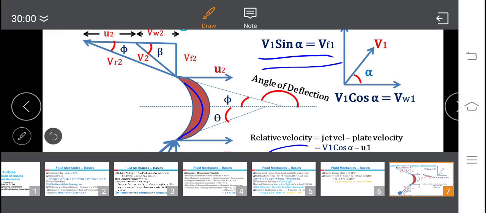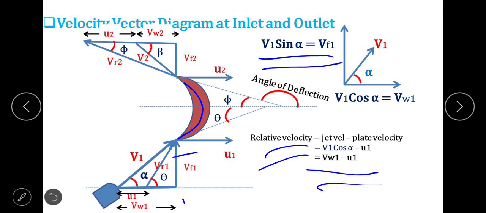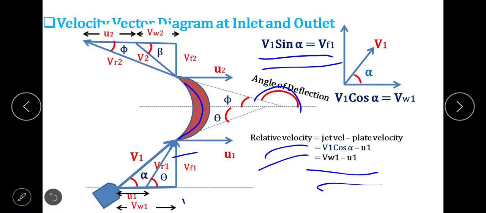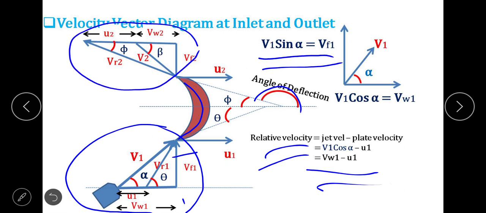Now theta and phi are the angles at the entry and at the exit. Then this angle will become the angle of deflection. This is the inlet velocity triangle, because it is at the entry; this is at exit, that's why it is known as the outlet velocity triangle. In the outlet velocity triangle, let beta be the jet angle, phi is the vane angle.